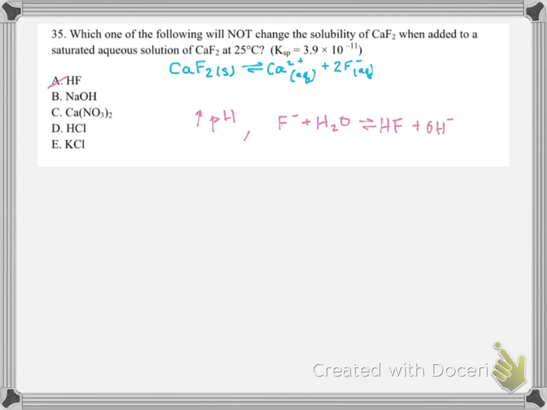So by adding in OH minus, we're decreasing how much this equilibrium can happen. And so we're keeping more of the F minus as F minus. So we would essentially be increasing the concentration of F minus present and would shift our equilibrium to the left again. Okay.